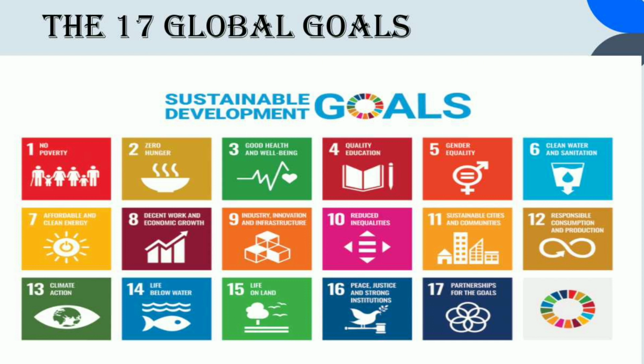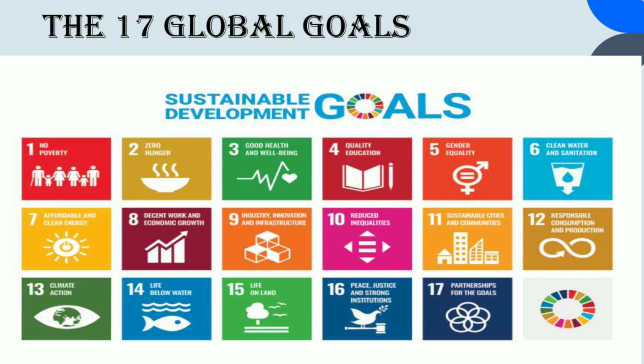The 17 global goals or Sustainable Development Goals. This collection of global goals covers social and economic issues. So here are the 17 global goals.